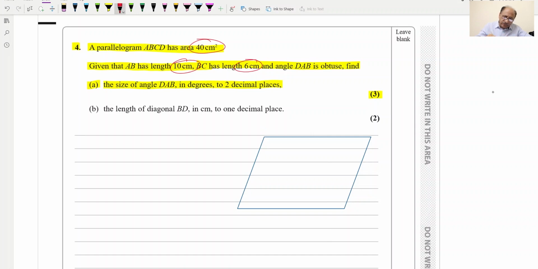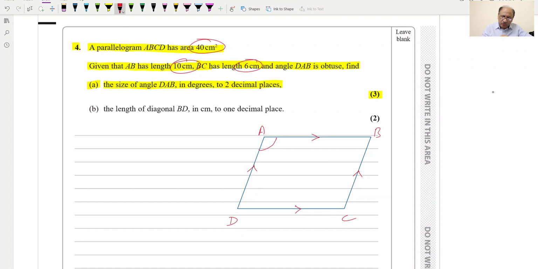This will be A, B, C and D, and this side is parallel to this one, and this is parallel to this one, and angle DAB is the obtuse angle, shown over here. They are asking for the size of DAB in degrees to two decimal places, so we have to find this angle.